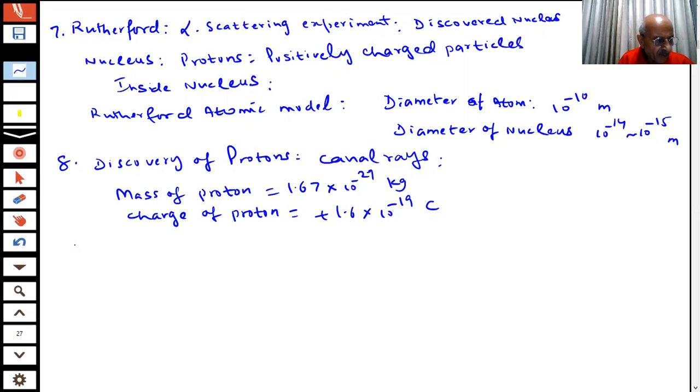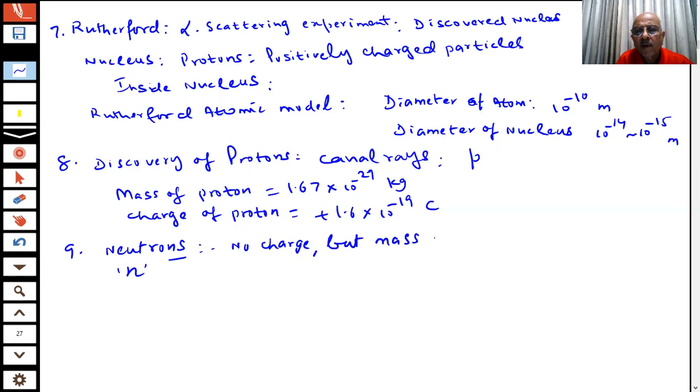And then, students, neutrons were also discovered. These are particles which have no charge. Protons you represent like P, and neutrons you represent like N. Neutrons have no charge, but mass almost equal to protons.